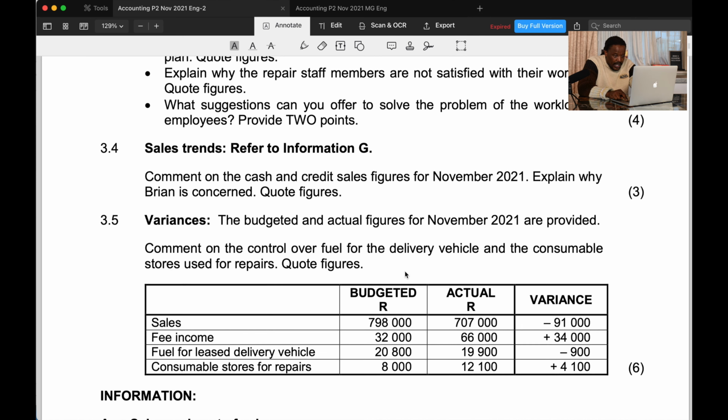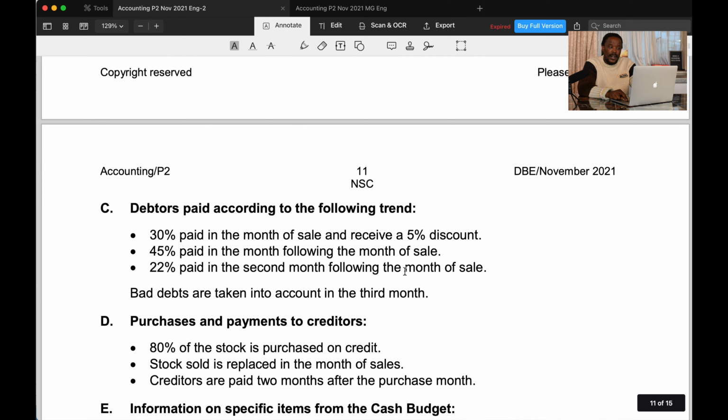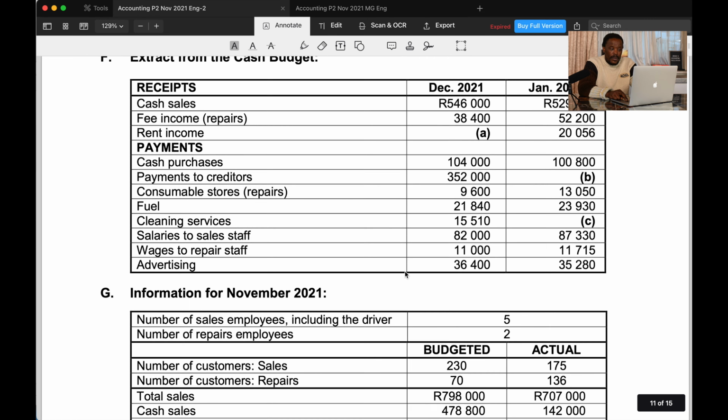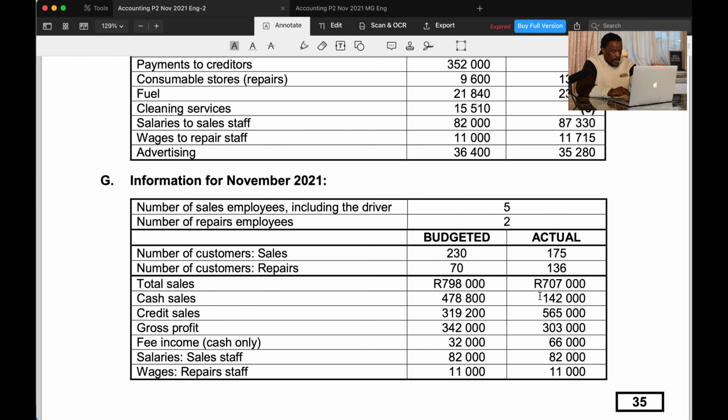Let's go and look at information G for argument's sake. Information G, it's just information to say number of sales employees, including the driver, there were 5, and Brian is planning to retrench 1. Number of customers on sales, 230, 175. Quote figures.